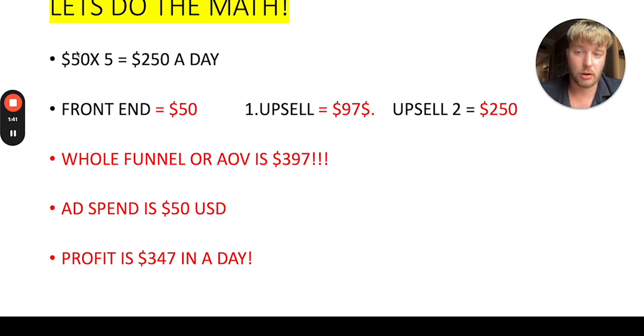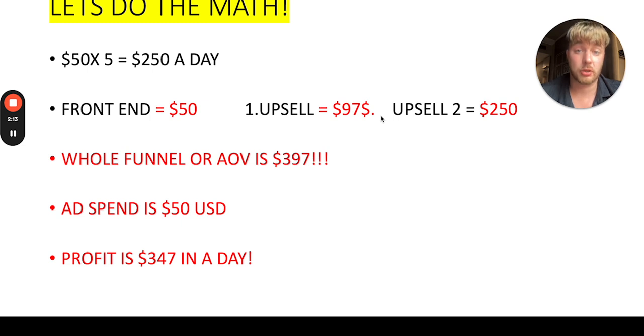So let's say you have an offer in the manifestation, law of attraction, self-help niche on ClickBank, and the offer is paying on the front end $50 US in net affiliate commissions. So on the first sale you get a $50 commission. Then you have one upsell and you get paid extra $97 for that upsell.